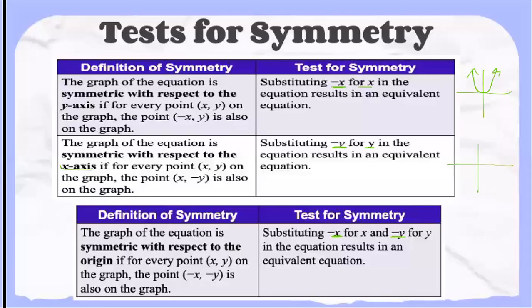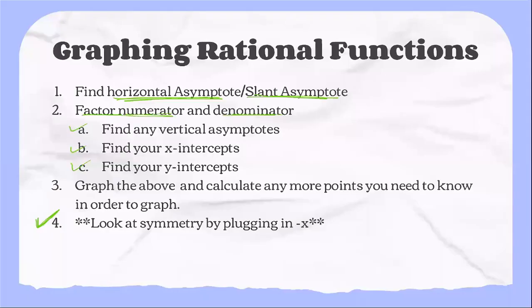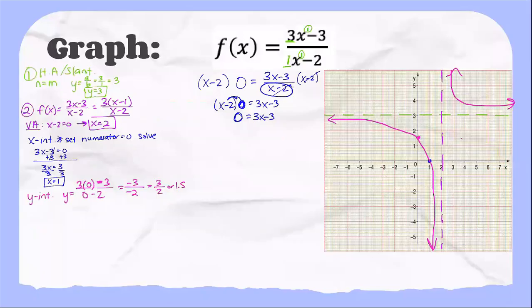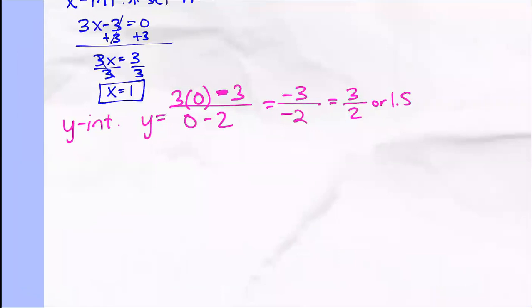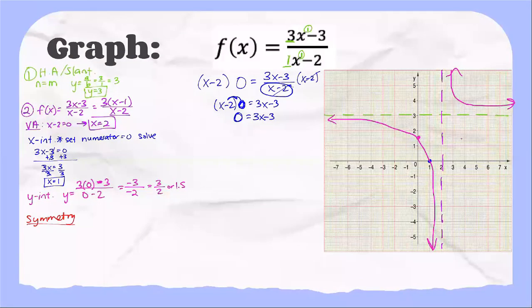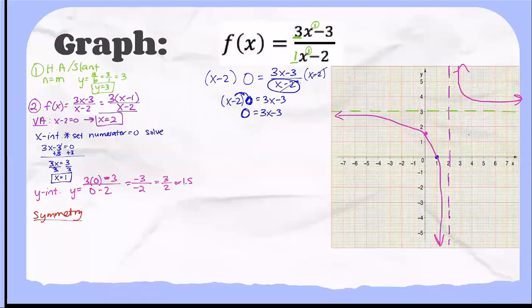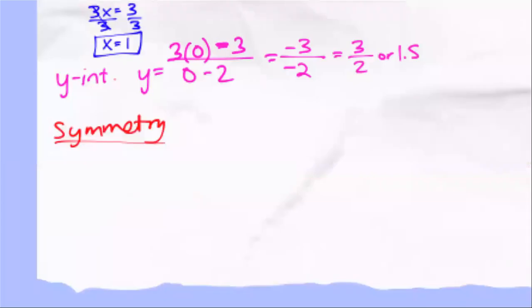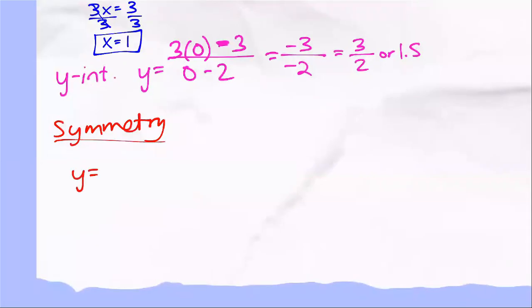Let me make sure I'm not missing anything. Yep. So you could calculate more points, but let's just check the symmetry on it. So for symmetry, to check across the y-axis, I would plug in negative x for x and see if it gives me the same expression.